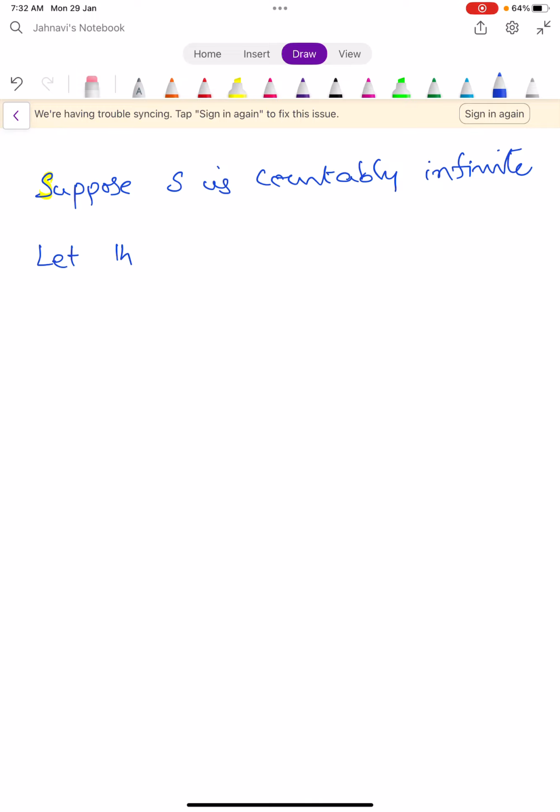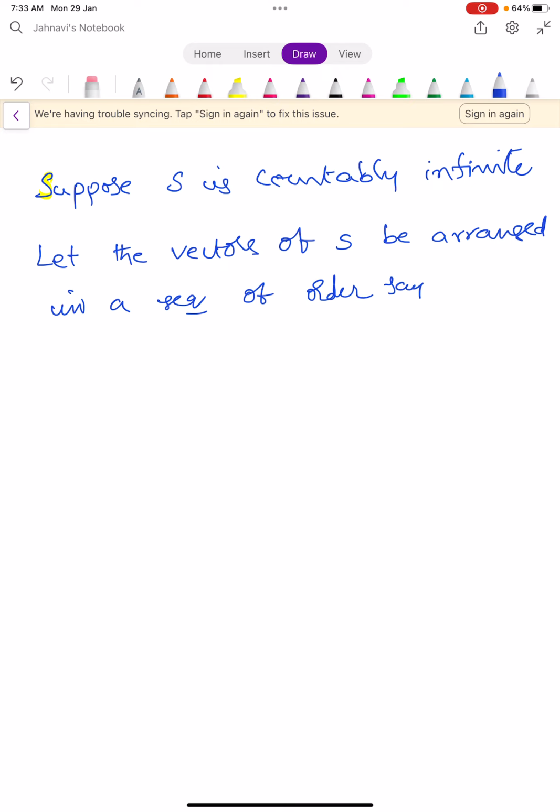Say S is equal to e1, e2, and so on, ei, and so on, en, and so on.